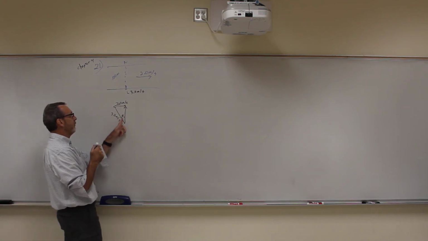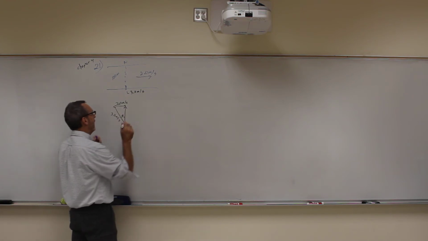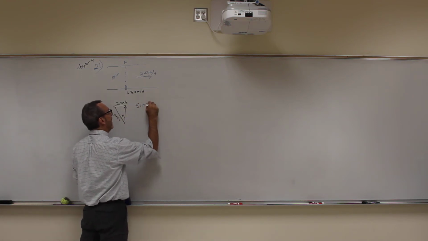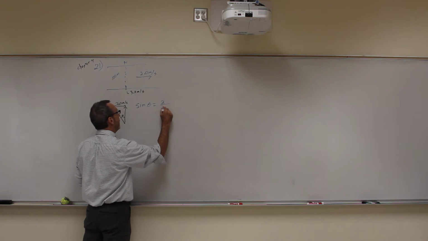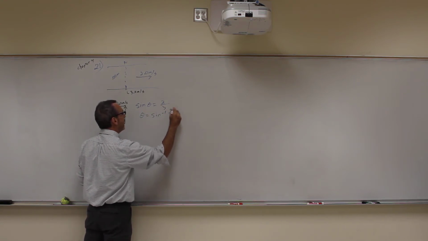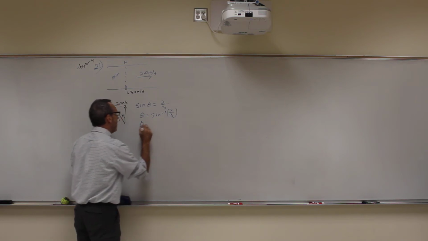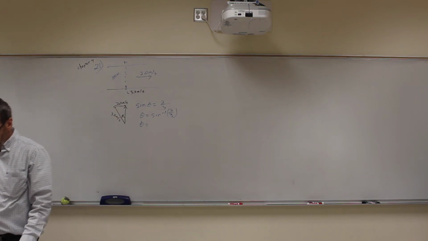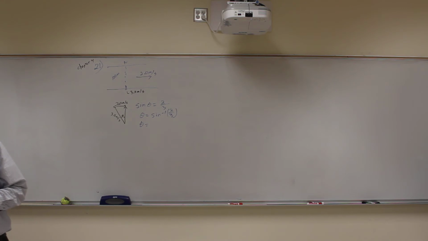And again, we're using sine because we have opposite and hypotenuse. So the sine of theta is 2 over 3, where theta is equal to the inverse sine of 2 over 3. And so the angle that he has to go is 41.8 degrees.